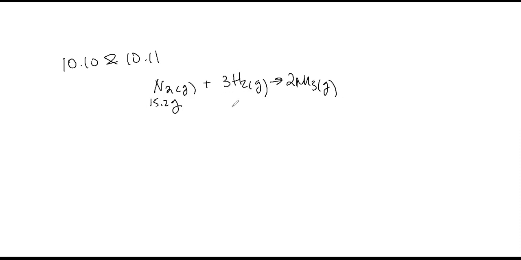Now, if the problem states that you have 10.2 grams of hydrogen, that makes it a limiting reactant problem, because you're given the amount of both reactants. In the previous case, it was not a limiting reactant problem because you were given the amount of only one reactant, and the second was not mentioned, or was mentioned as an excess amount.